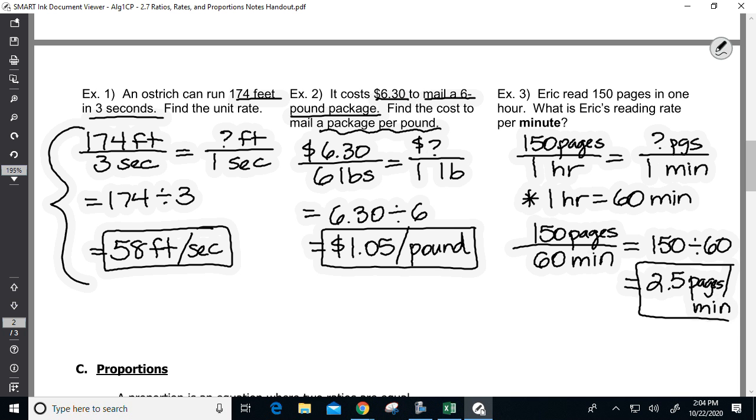So he can read pretty fast. I can't read 2.5 pages in a minute, primarily because I want to take my time and really understand what's going on. So, questions 1, 2, and 3, then take a short break.